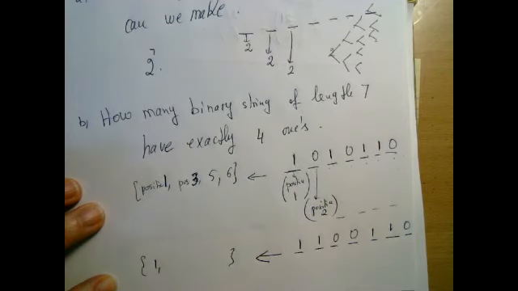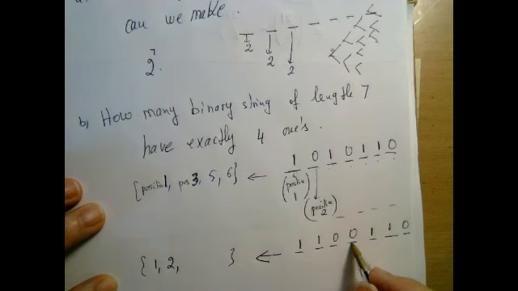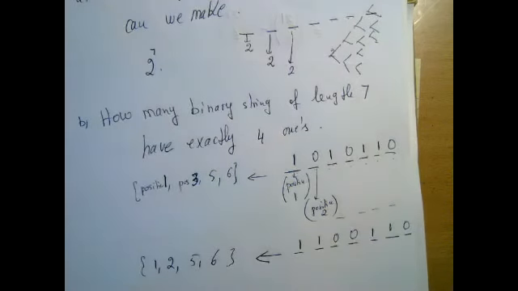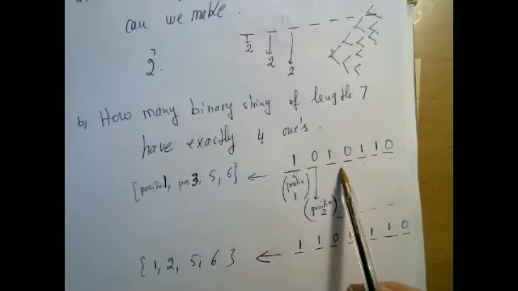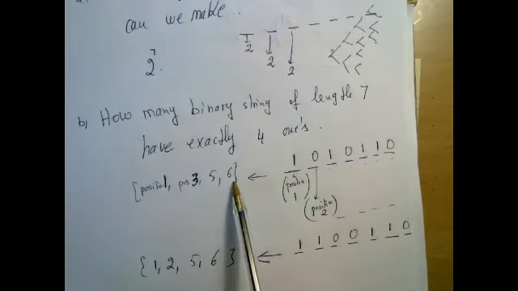Position 1, position 2, position 5, and position 6. So to every position of the 1s, I can basically associate a subset where the subset represents the positions of my ones.